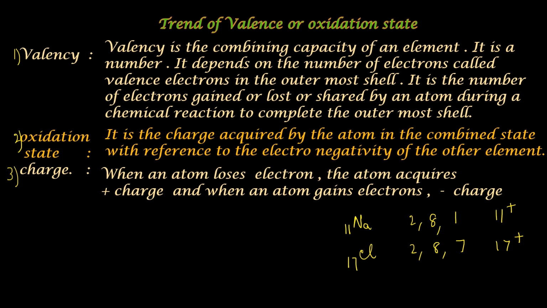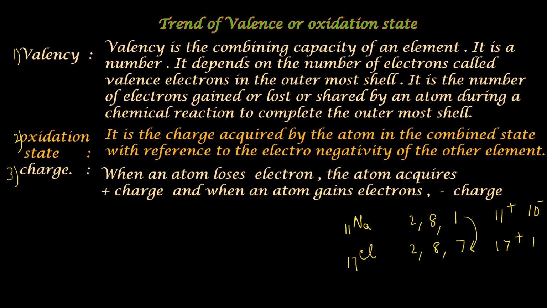When the reaction takes place, sodium gives away one electron to chlorine. So sodium loses one electron and its negative charges get reduced to 10. The number of positive charges remain the same, that is equal to 11. So it has now one proton or positive charge in excess.